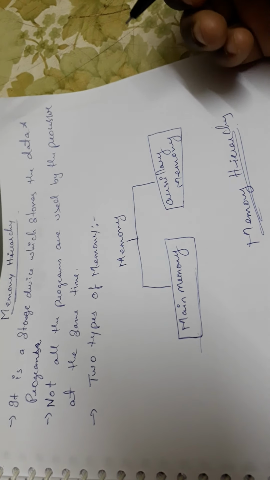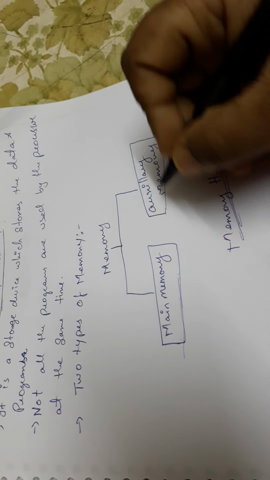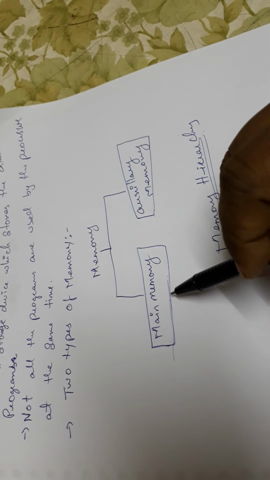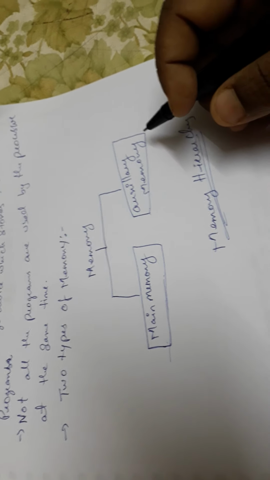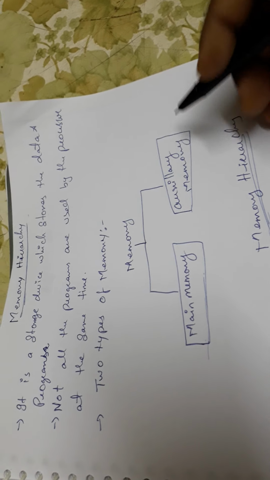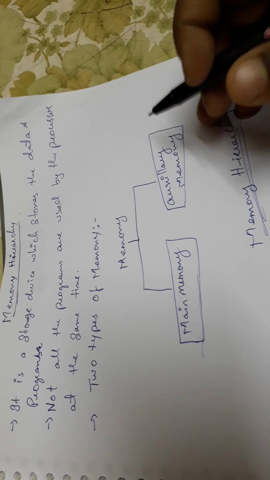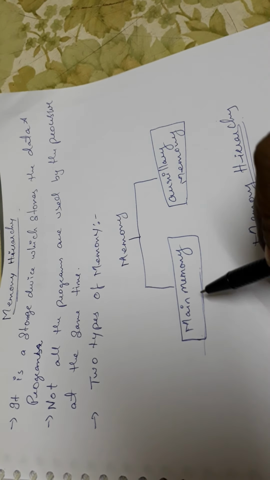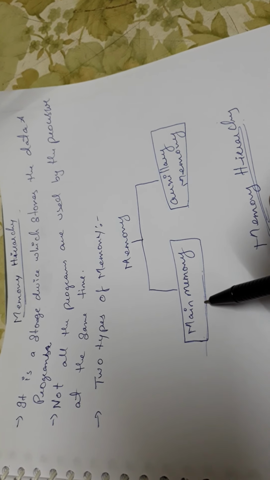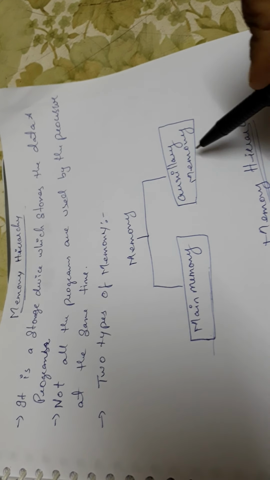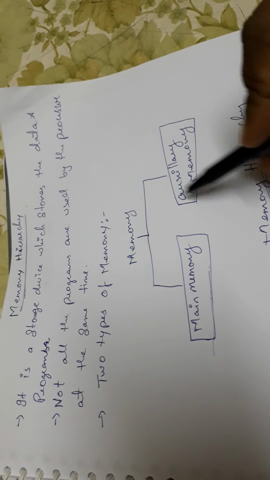In that context, we can divide the memory into two types: the main memory and the auxiliary memory. The programs the processor requires at one point of time are stored in the main memory, whereas the rest of the programs are present in the auxiliary memory.